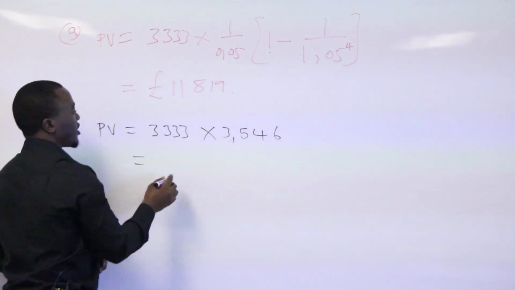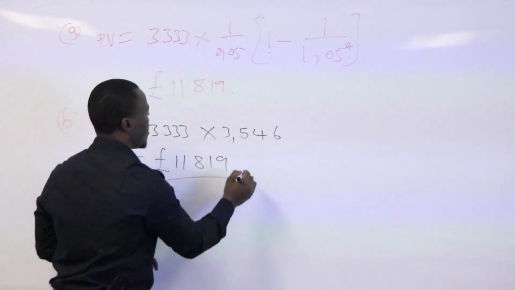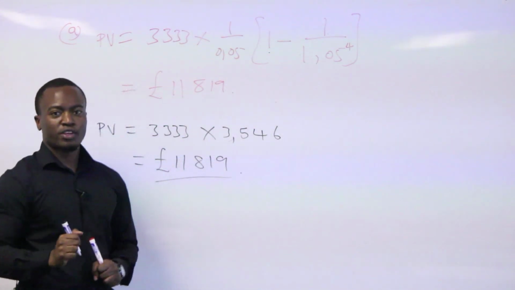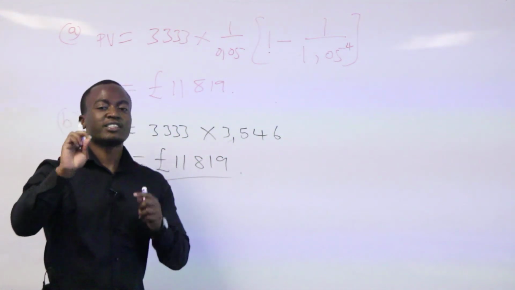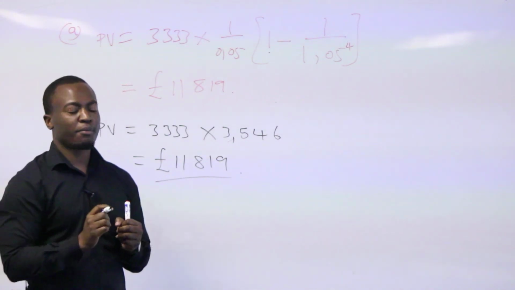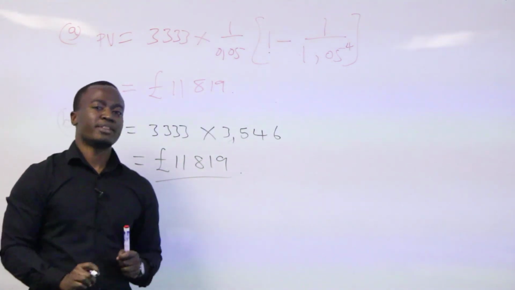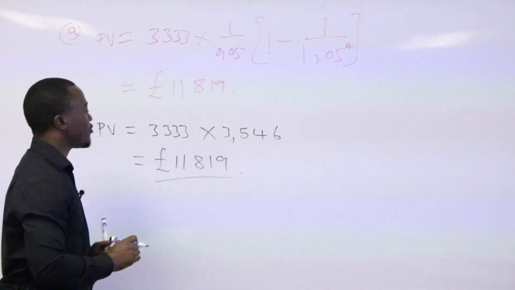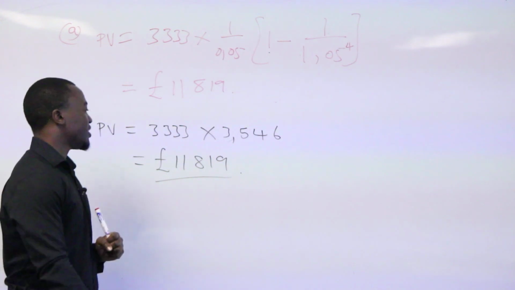And if you multiply it together again, you're going to get 11,819 pounds. So it's very easy. Just go to the table, look under 5%, that is the annuity table or the cumulative present value table. You look under 5%, go down to 4 years, take the number there, and in this case it's 3.546, and you get the same answer of 11,819 pounds.